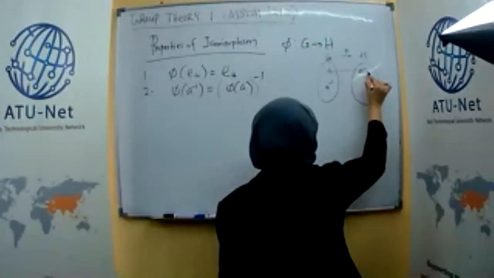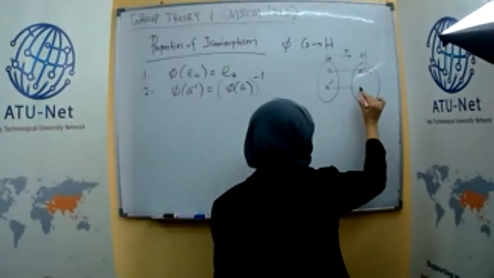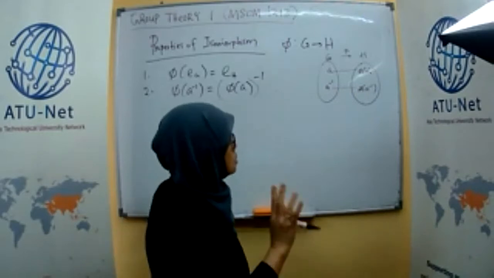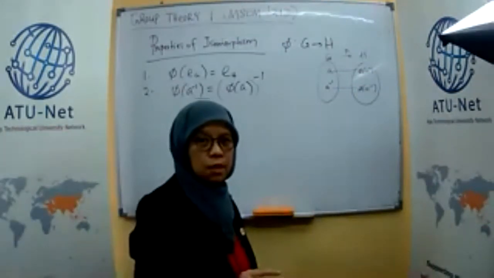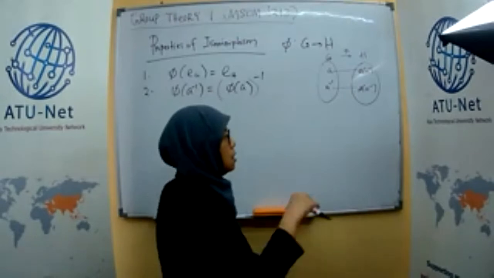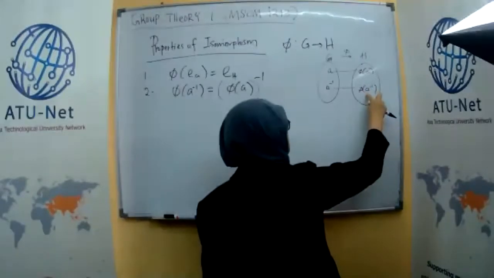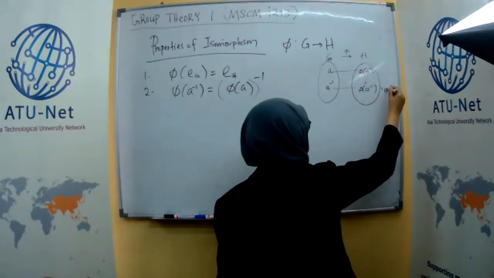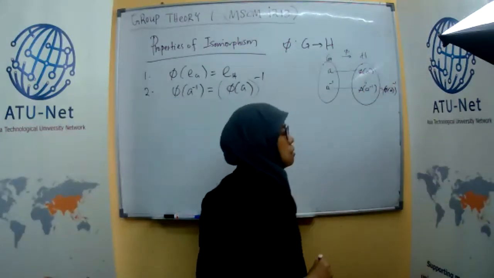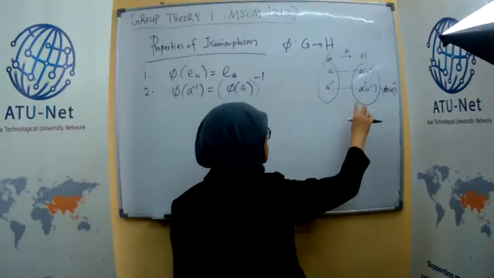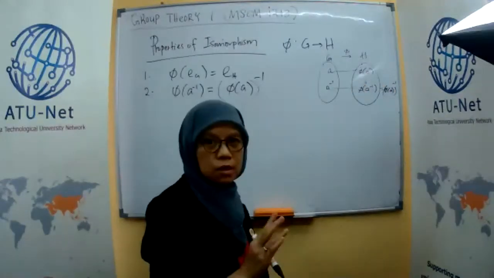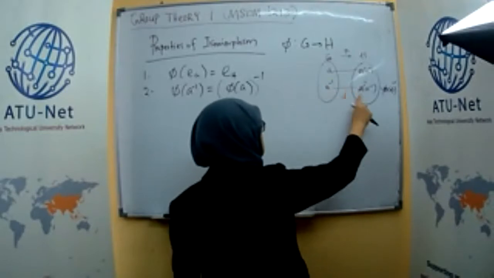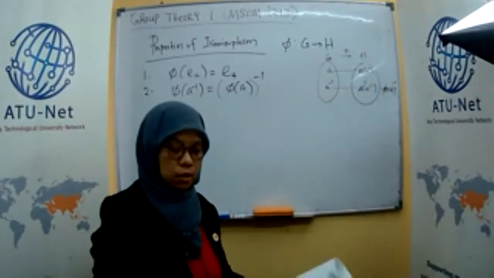So A goes to phi A, and this also has the image. And since H is also a group, every element has an inverse. And it turns out that this is actually just this inverse. It's nothing else. It's the inverse of the other one. So the image of the inverse is the inverse of the image. That is what it means.